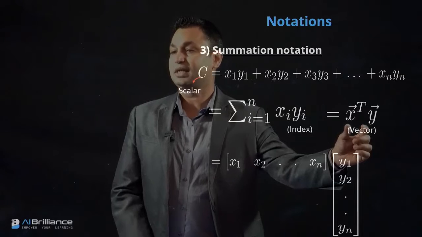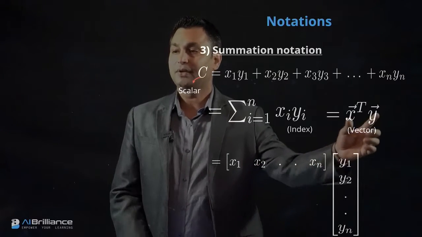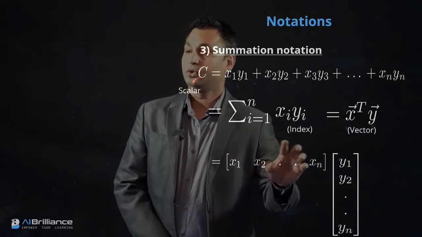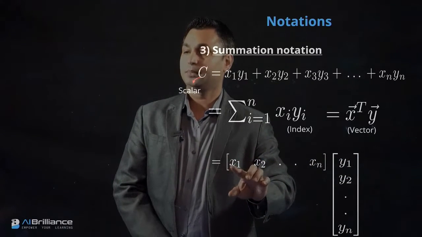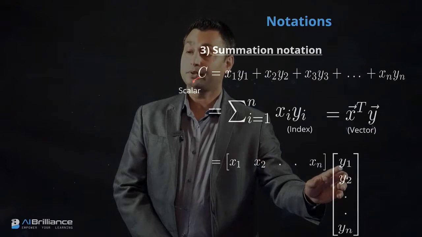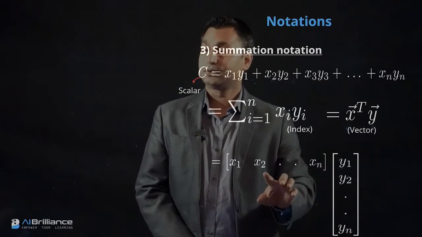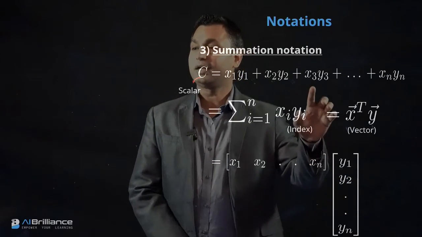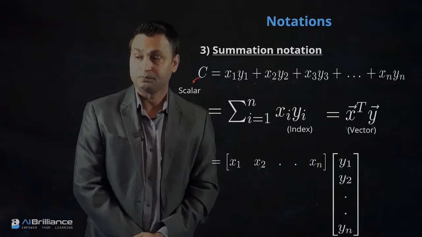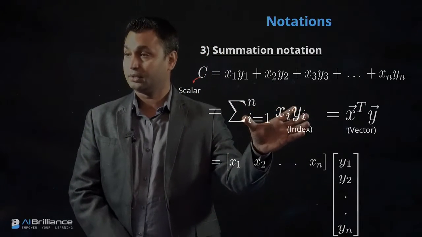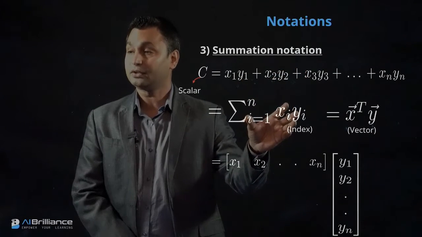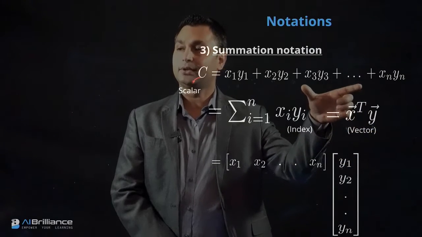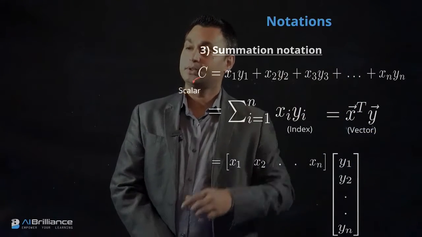If I take x transpose and multiply it by the y vector, which is of n dimension, the first element is multiplied by y1, giving x1 y1, then the second multiplied by y2, so x2 y2, and so on. That also results in exactly the same equation. So either you can use the summation notation, which is the index format, or a vector version of the equation, and that also exactly represents the equation on the top.